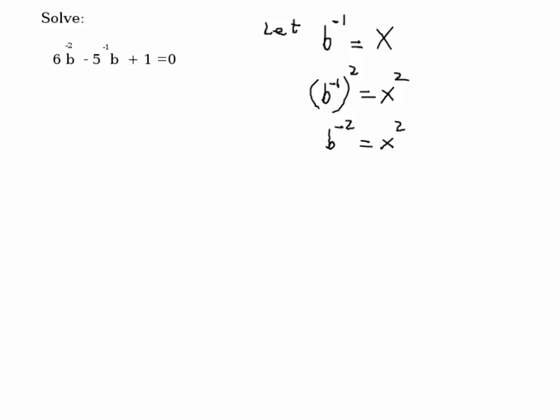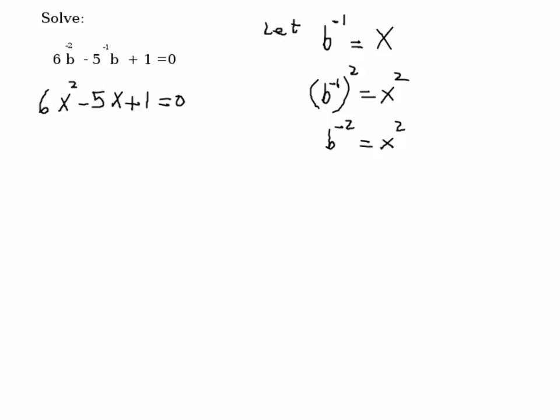So if I substitute here, I get 6 times x squared instead of b to the power of minus 2, and then instead of b to the power of minus 1, I can call it x, plus 1 equal to 0.